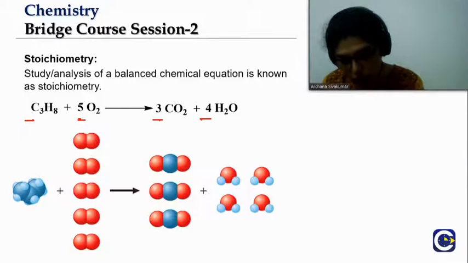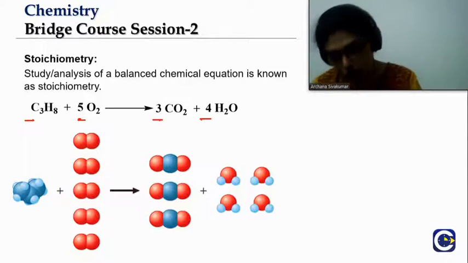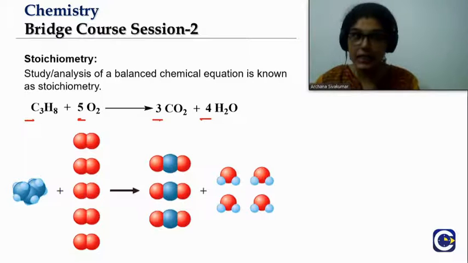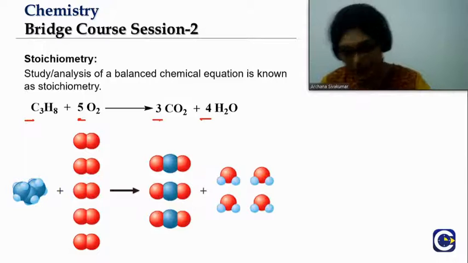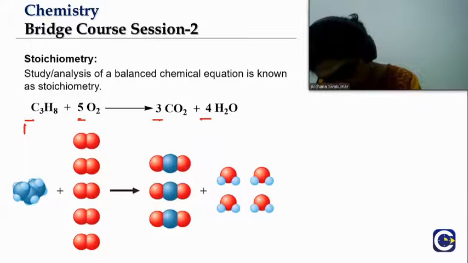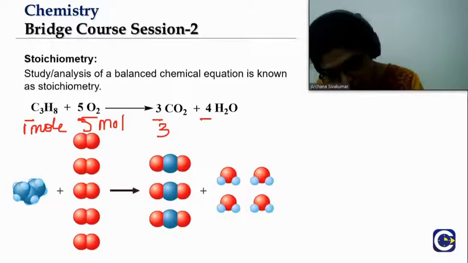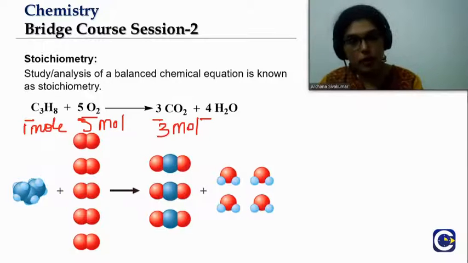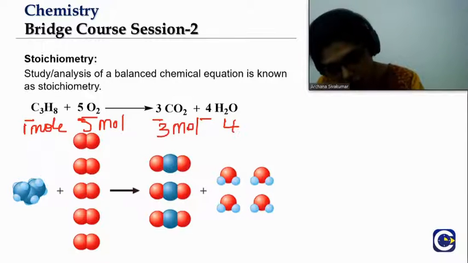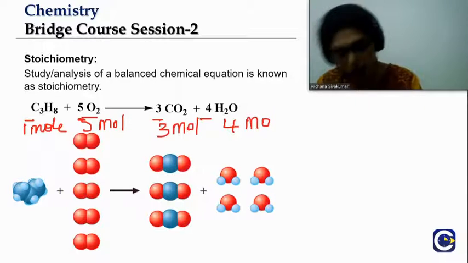They can also be used to represent moles. So using this balanced chemical equation, I can also write it as 1 mole of propane is reacting with 5 moles of oxygen to give 3 moles of carbon dioxide and 4 moles of water.